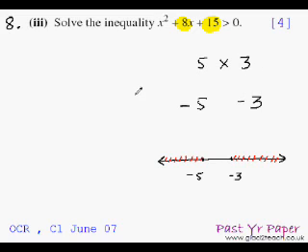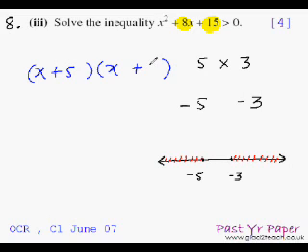As you know that these are the factors, you can put it in the factor form. This will be x plus 5 and x plus 3. And you can mark these minus 5 and minus 3, the roots of the quadratic equation, as critical values. These are called critical values in technical terms.